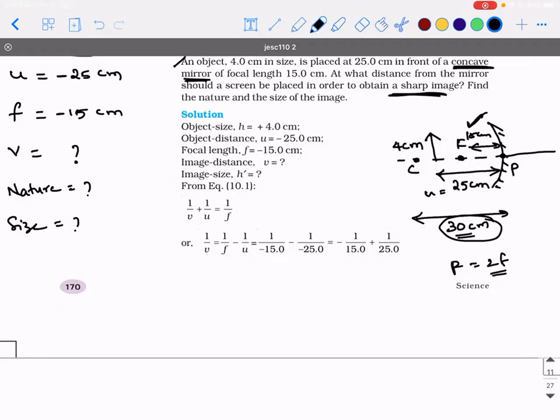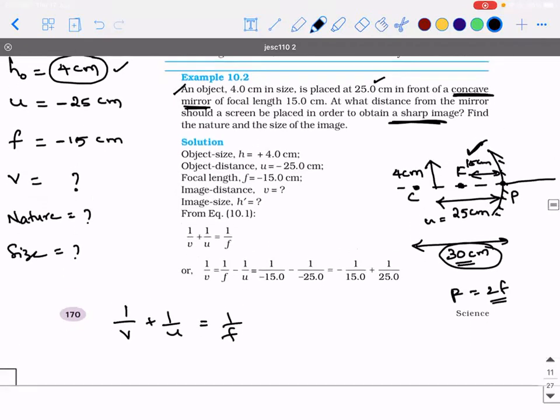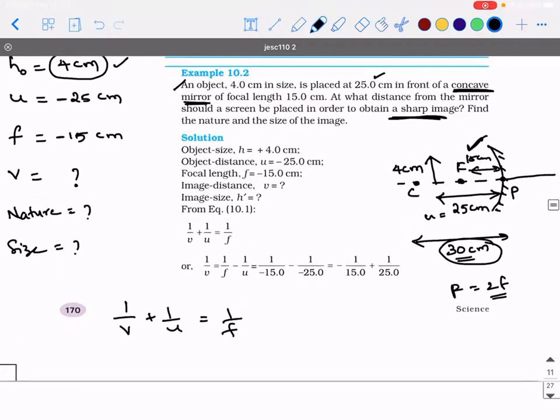Now see, 1 by v plus 1 by u is 1 by f. Only one formula, there is nothing else. So what is unknown? For the unknown, we are not going to apply sign convention, which implies 1 by v is undisturbed, plus 1 divided by u, which is minus 25, is equal to 1 divided by f, which is minus 15. Correct?